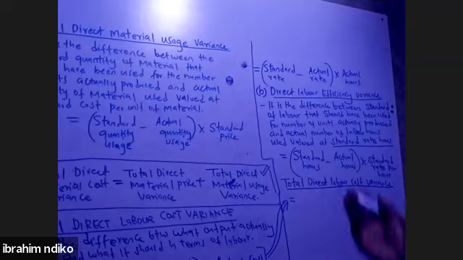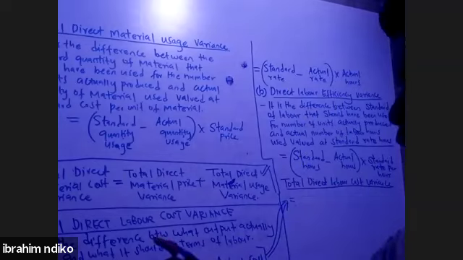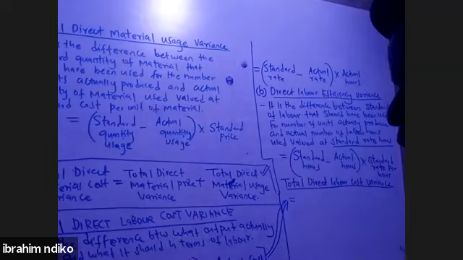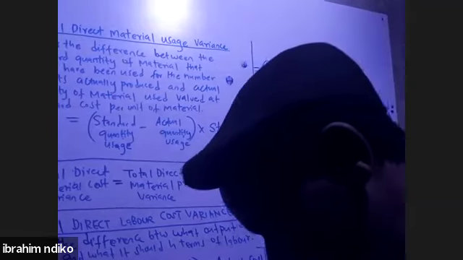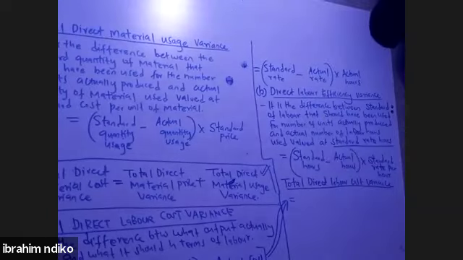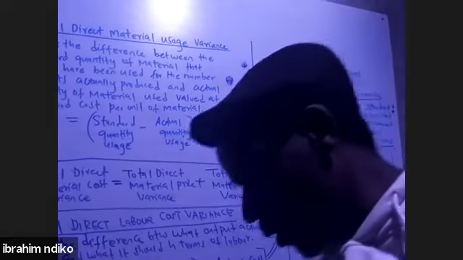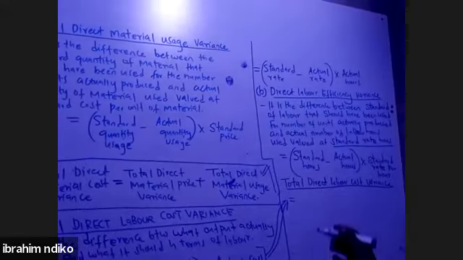Hope inaonekana ama ulikuwa umeandika pale nyuma. So total direct labor cost variance, tuseme ni standard labor cost per unit minus actual cost.